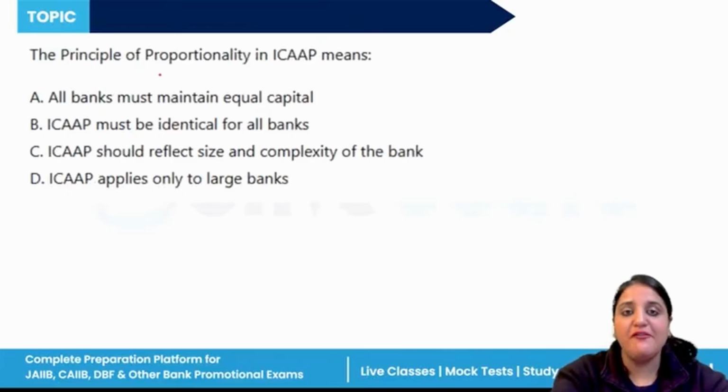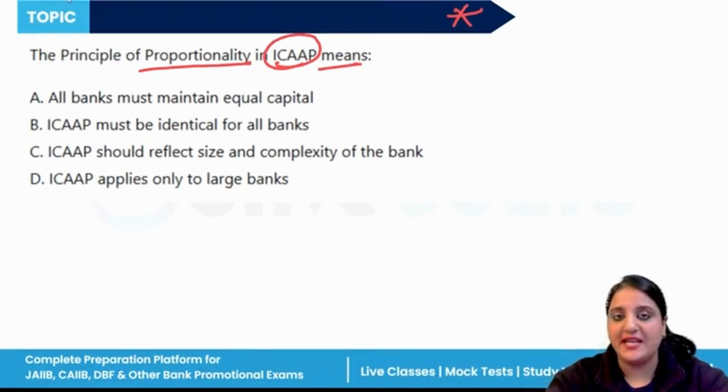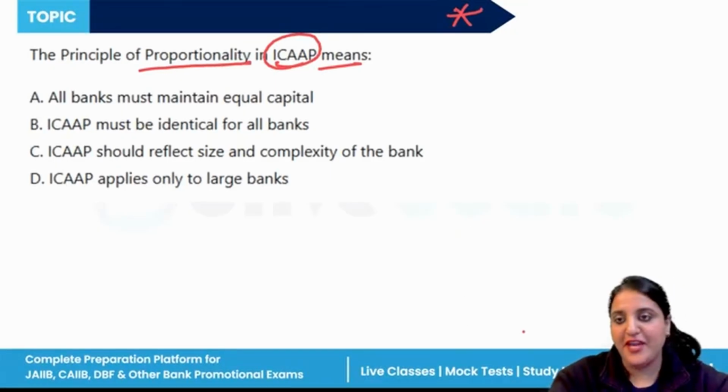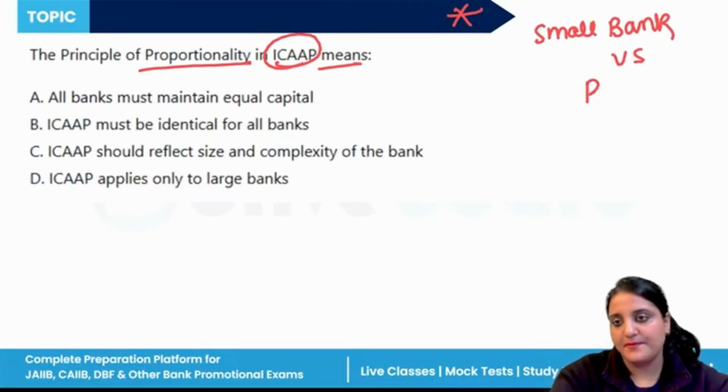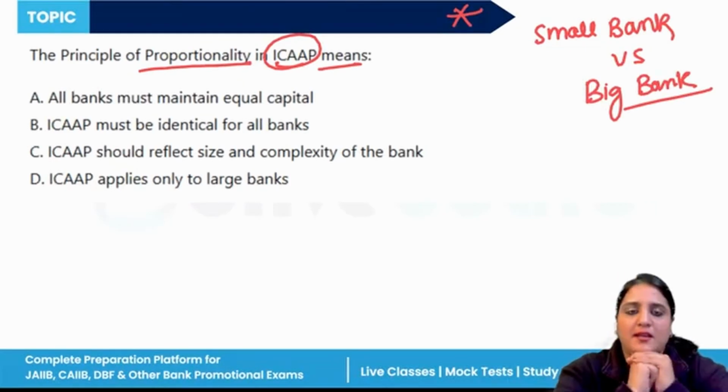The principle of proportionality in ICAAP means, an important one. So let's learn this concept, the principle of proportionality, with the concept of small bank versus large bank. Let me tell you one story.